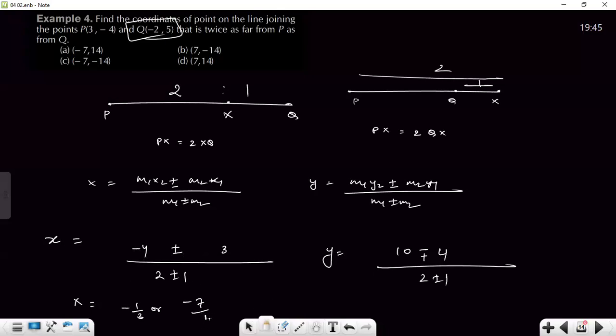So in the options, we do not see any minus 1 by 3. So we only have to consider the second case. Considering only the second case, 10 plus 4 becomes 14. 2 minus 1 becomes 1. So the point is minus 7 and 14. Option number A should be our correct answer.